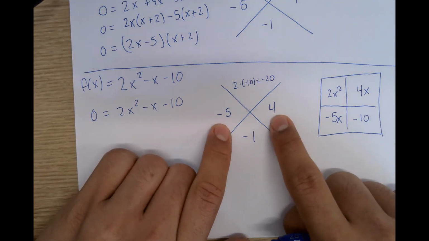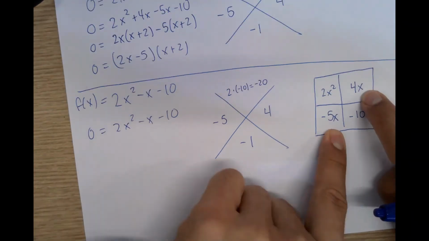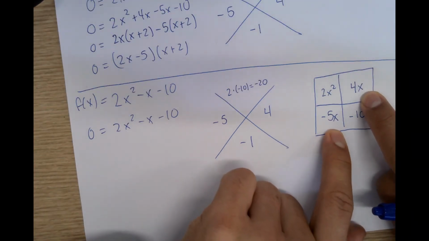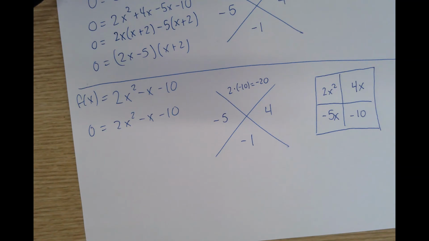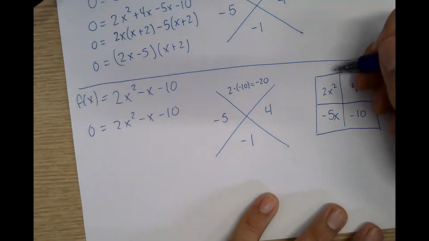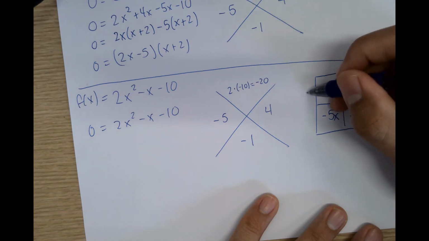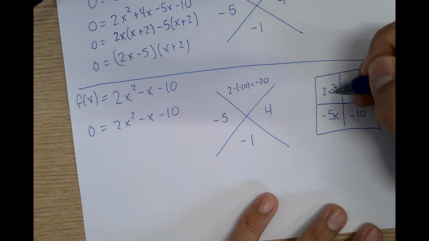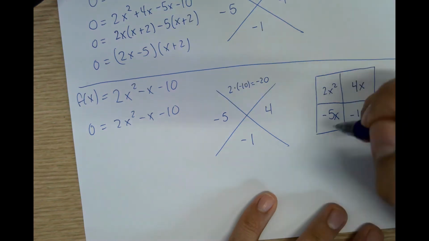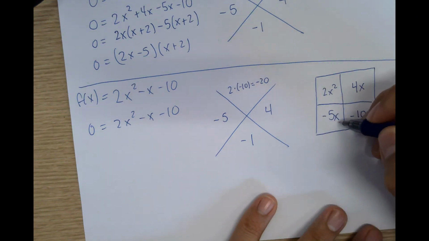We put the negative 5x here, we put the positive 4x here. If you know a multiplication table, what this is saying is that something up here times something on the left-hand side will equal 2x squared. Something on the top times something on the bottom will equal negative 5x.